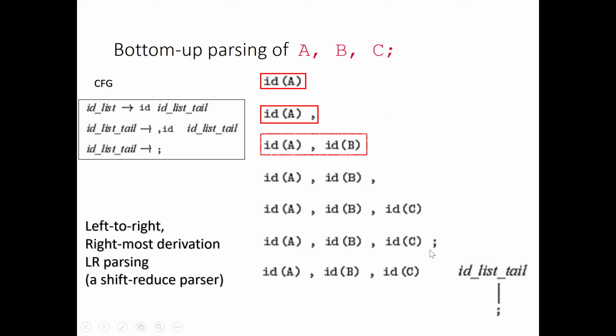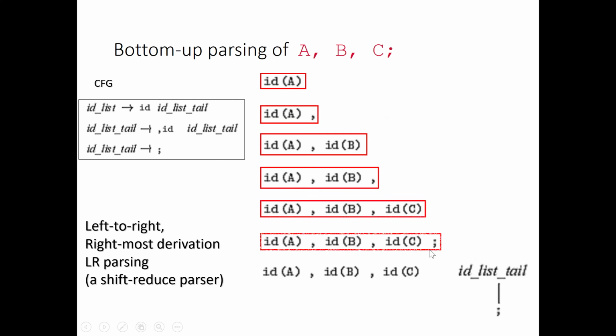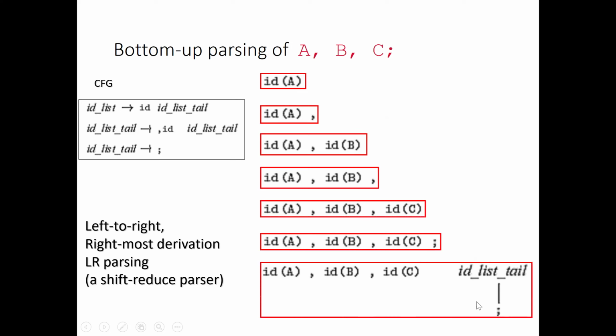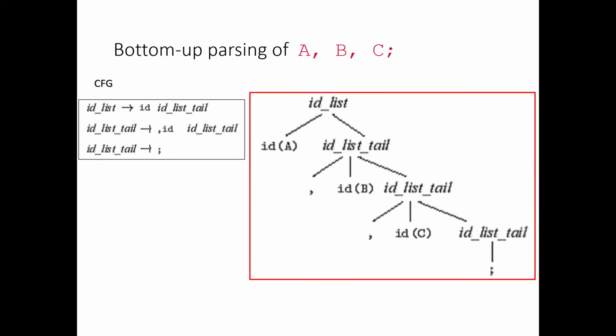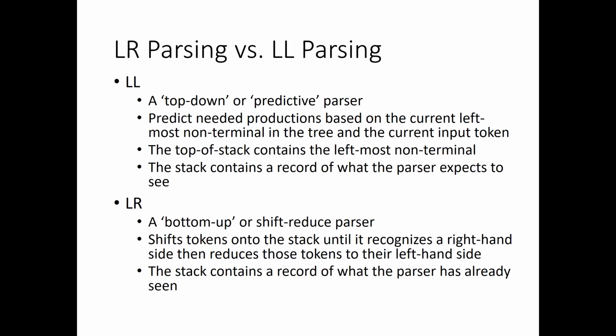For that, I am applying a bottom-to-top approach. That is the shift-reduce parser. So how do we apply it? ID of A, comma, ID of B, comma, then ID list tail, and then comma, ID, ID list. So we are applying from bottom to top. This is an example of the bottom-up approach.